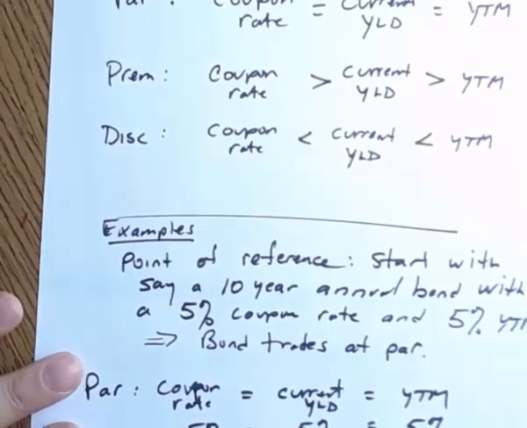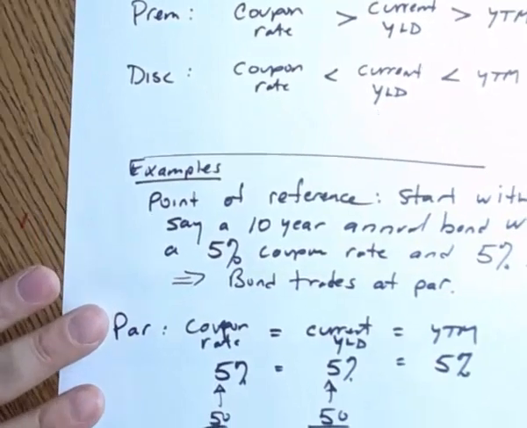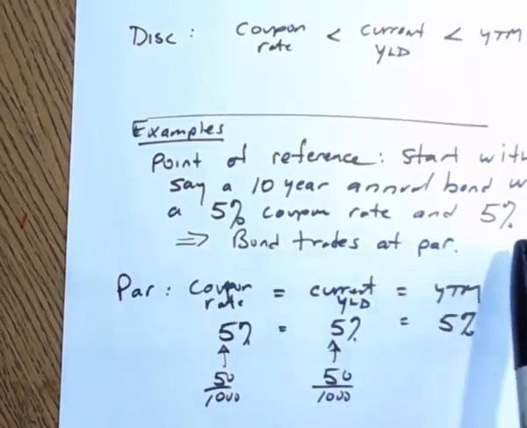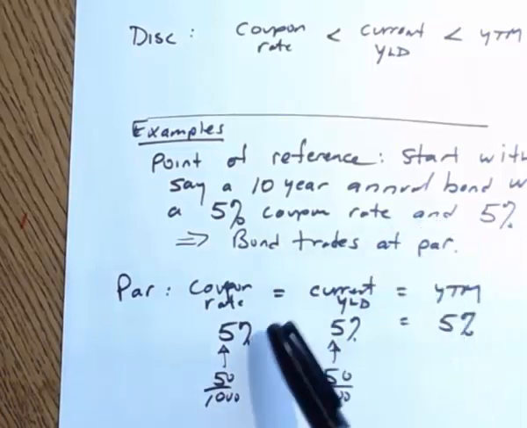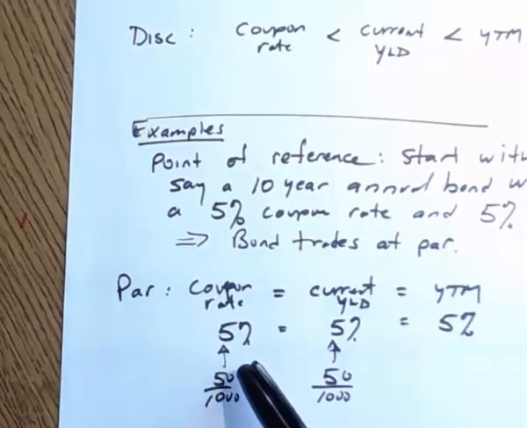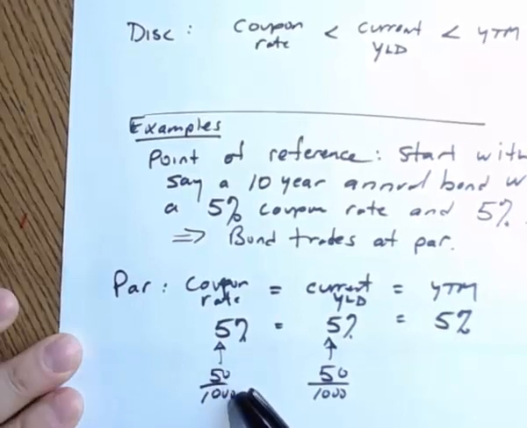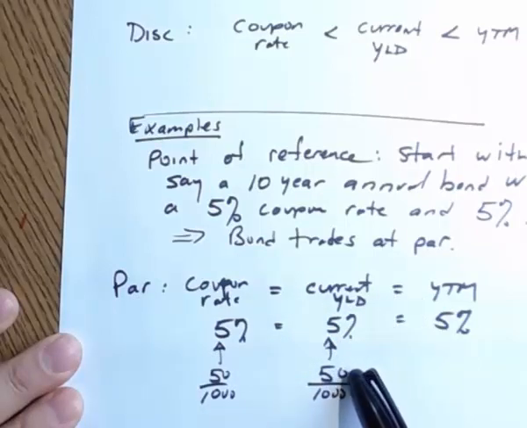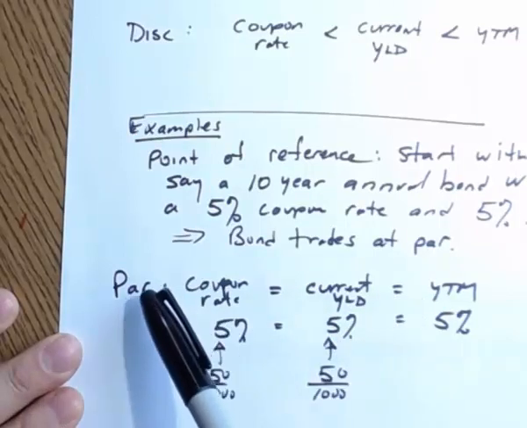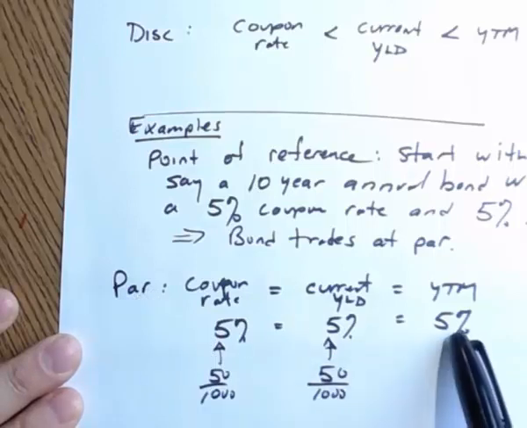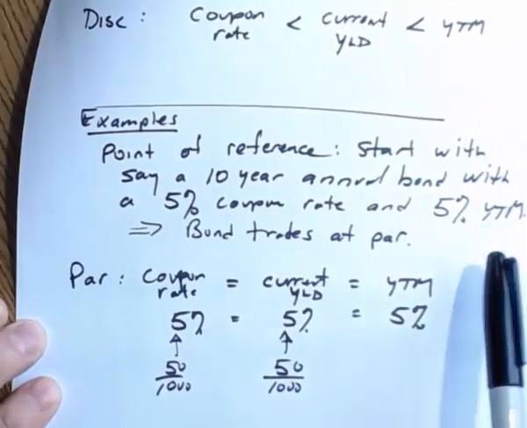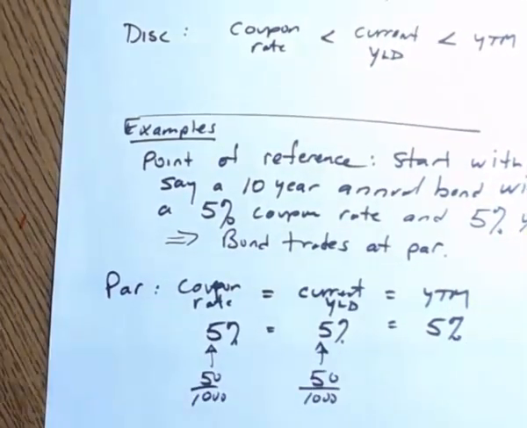In that case, the coupon rate is 5%, because that's what I'm telling you in the narrative here. And how is that calculated? It's the $50 annual payment divided by the price of the bond, which at par is $1,000. The current yield is the annual coupon divided by the price, which happens to be $1,000. And I'm telling you in the narrative here, the yield to maturity is 5%. So these line up.